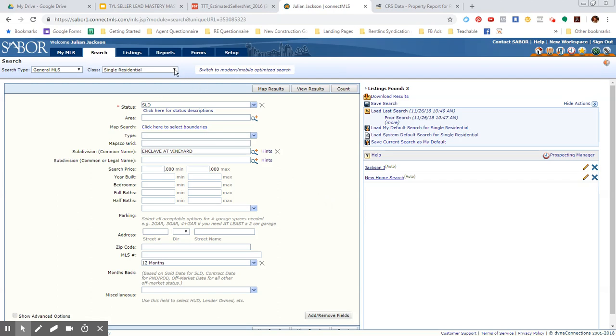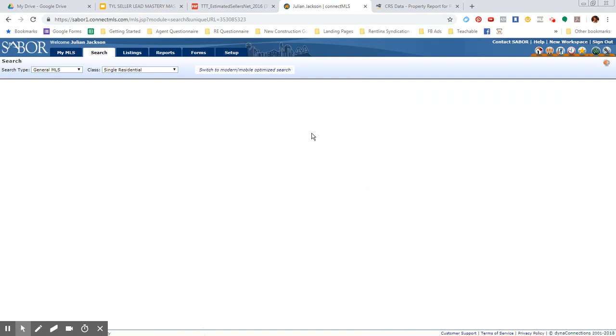But then all I want to do from here is view the results of those 3 properties. And all I'm really looking to see is how alike are these properties.